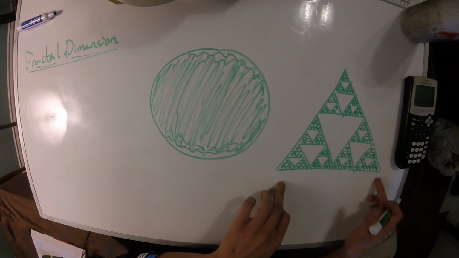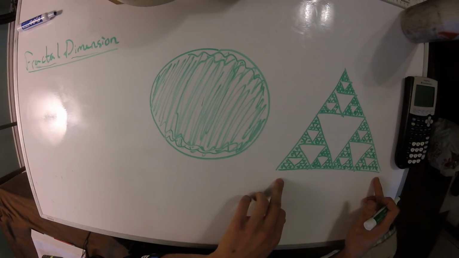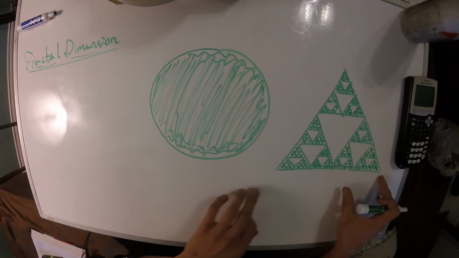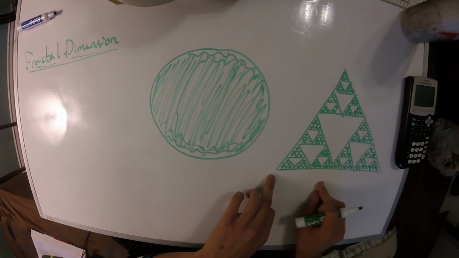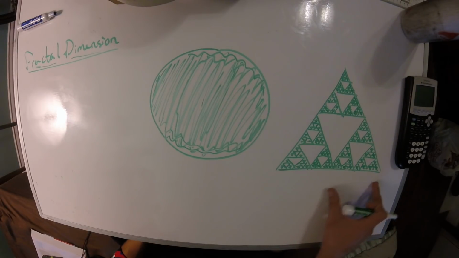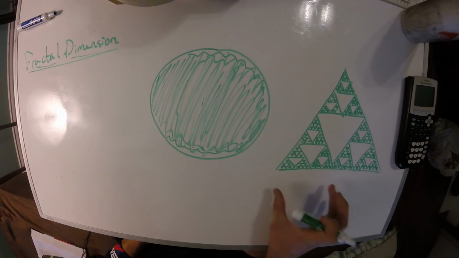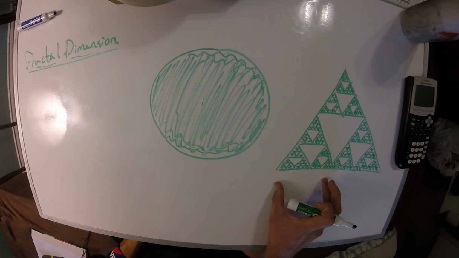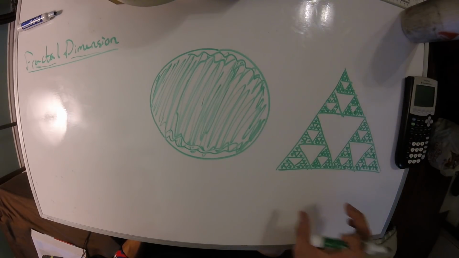So in the case of the Sierpinski triangle here, what we did was we looked at scaling the length down, and we saw that if you scale the length of it down by a half, you get a perfect copy of the same thing, but it would take three of them to make up the whole that we saw at the beginning.